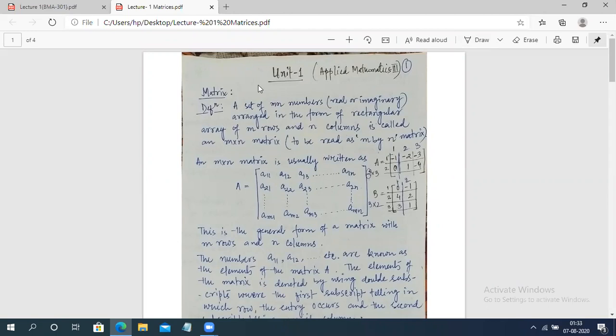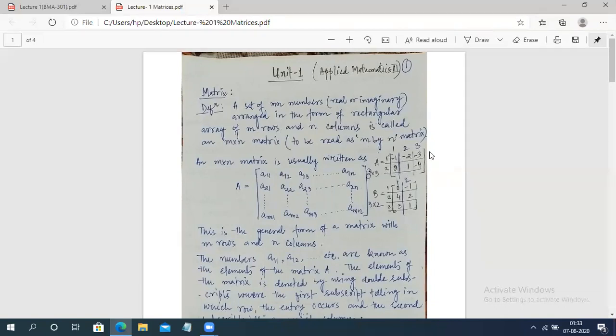Now, what is a matrix? A matrix is a rectangular array of numbers arranged in the form of rows and columns. Suppose you have a matrix A, and these are the numbers arranged in rows and columns: -1, -2, -3, 0, 1, -4.